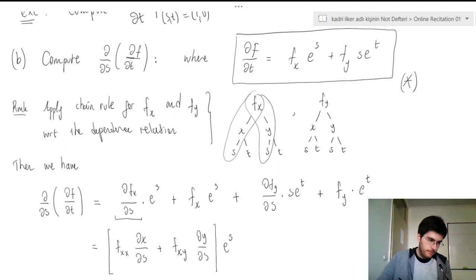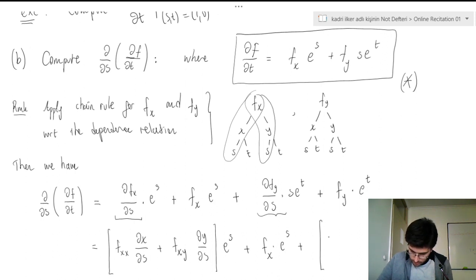Now times e to the s plus f_x times e to the s, no problem. Again, another problematic part. Now this part is just as before: f_yx, and then differentiate x with respect to s, plus differentiate f_y with respect to y, and then differentiate y with respect to s. Okay, looks complicated, but this is what it is. Okay, and plus f_y e to the t.